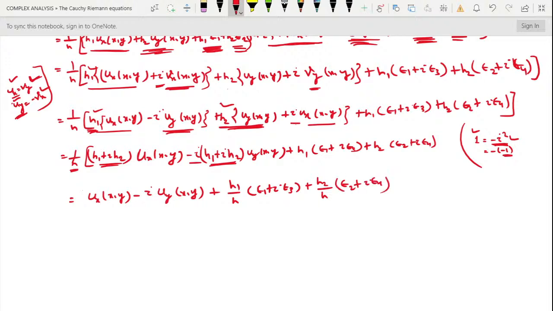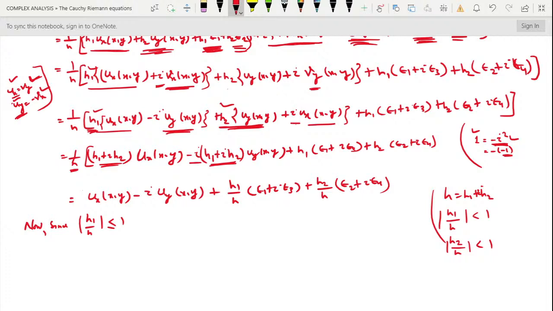Okay, so what we got here, we know h is your h1 plus i s2, so whatever h1 by h is, obviously its modulus is less than 1, and similarly s2 by h modulus will also be less than 1. So what can I write? The modulus of h1 by h is less than or equal to 1. Okay, so if s2 equals 0, then this will be equal.